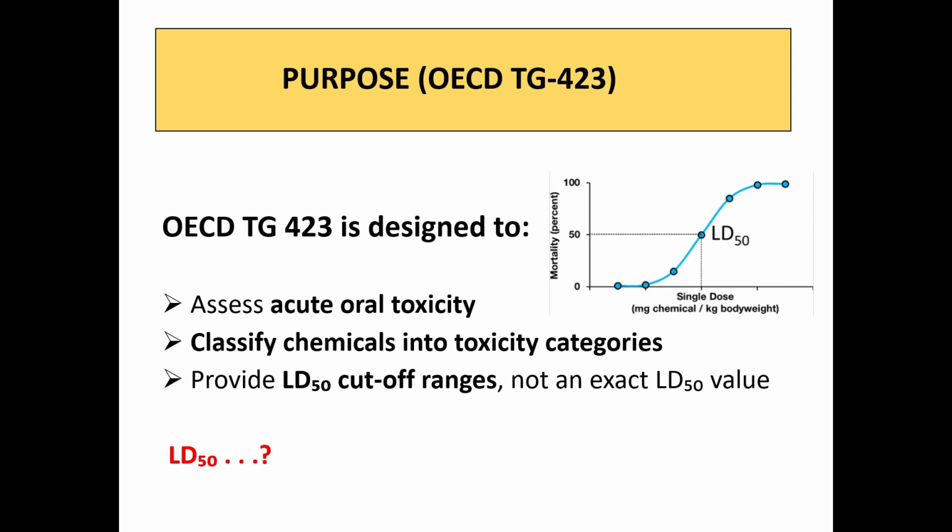So what is LD50? It is defined as the median dose predicted to kill 50% of a given test population. Suppose you have taken 100 animals and you dose all of them. If 50% of the animals are killed, that dose of the chemical is called LD50.